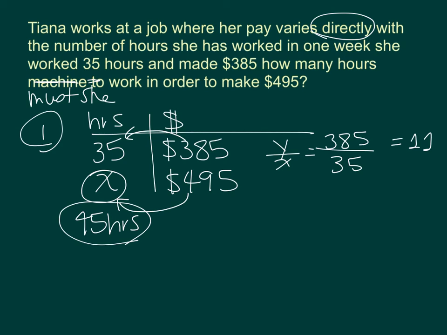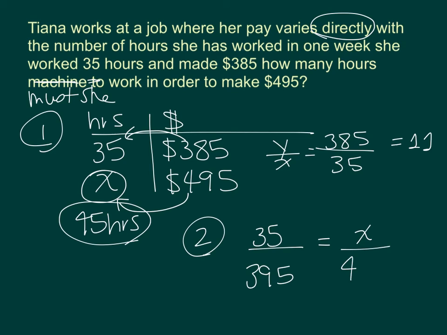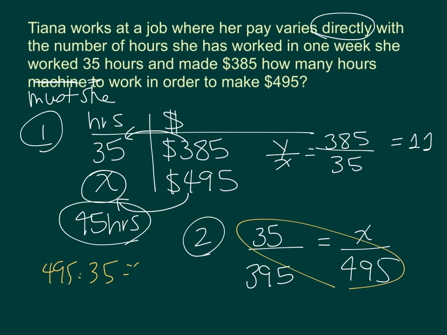I could do it that way, or I can do it proportionally. I can set up a proportion. So I can do 35 over 395 equals x over 495. And I could do the butterfly method. So I can do 495 times 35 equals 395x. Okay?